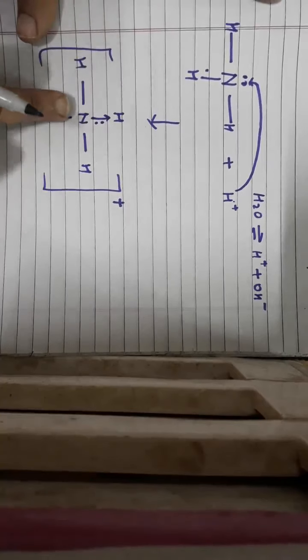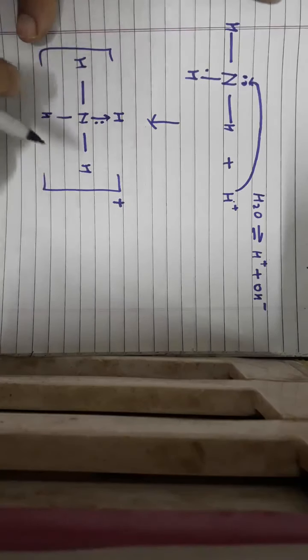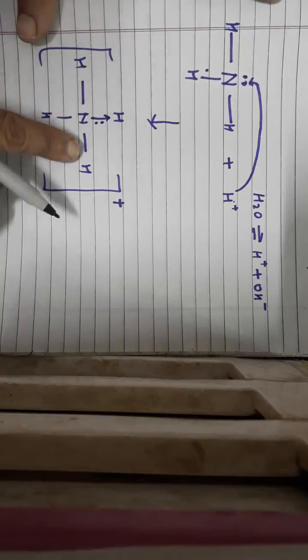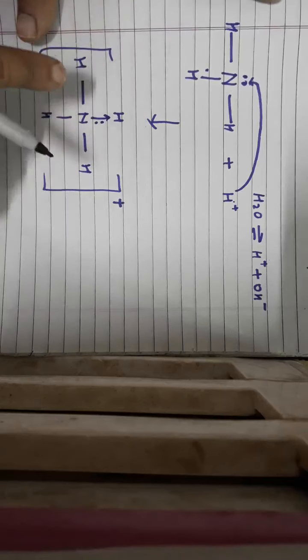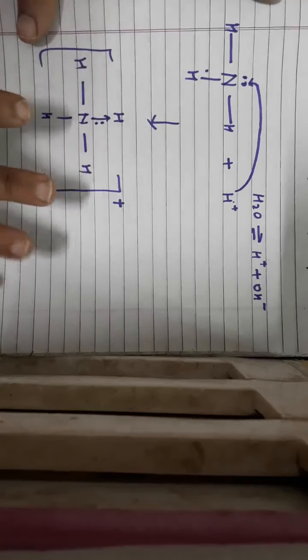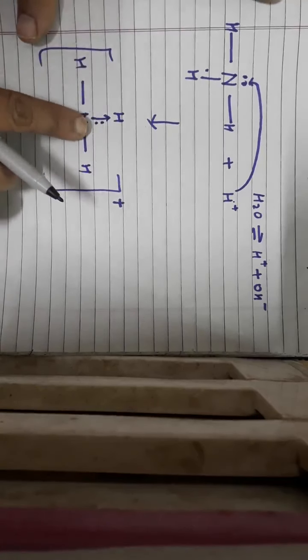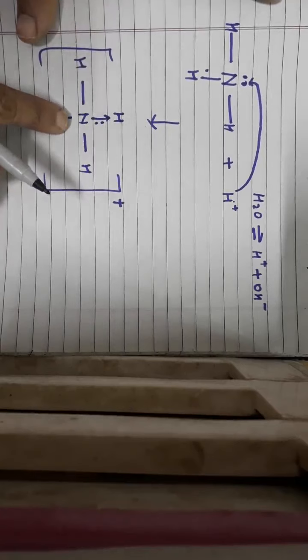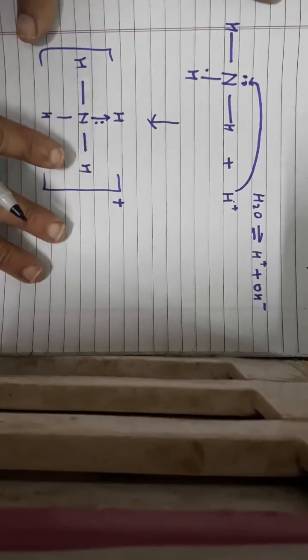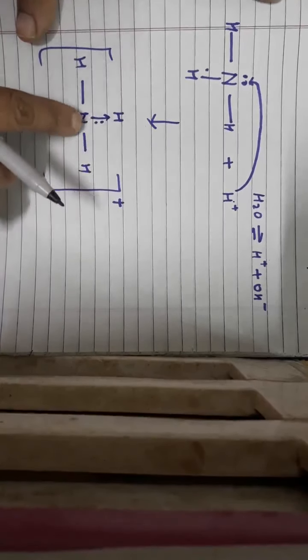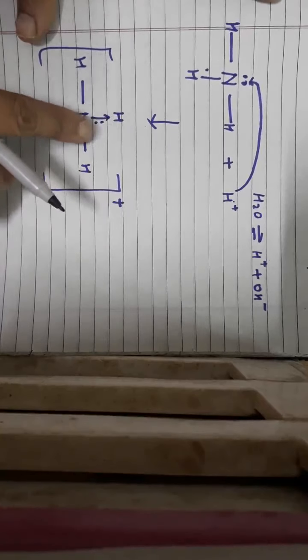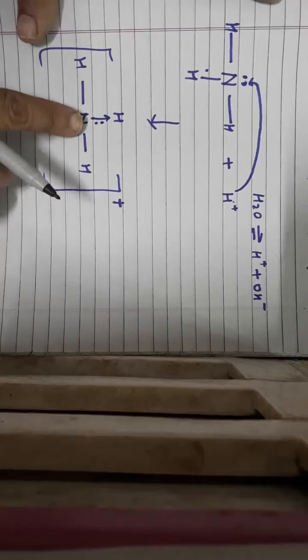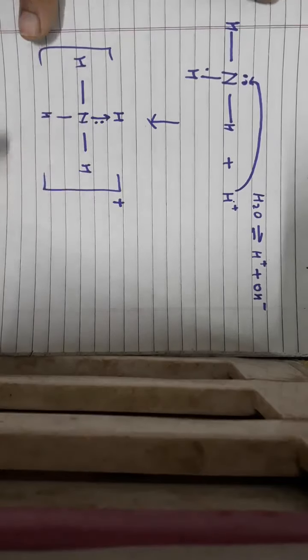Nitrogen has 5 electrons, but it is sharing 3 of its electrons with hydrogen, so the octet of nitrogen is completed and becomes stable. But only if this lone pair remains in the shell of nitrogen will its octet remain complete. That's why after donating it to hydrogen, it remains shared between them. So it is a stable bond formation to form ammonium ion.